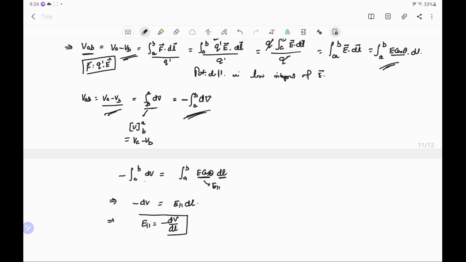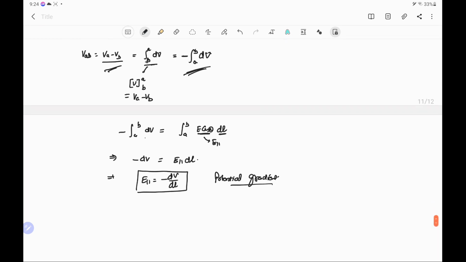This is the potential gradient. dV by dl is the potential gradient. So this is the relation between the electric field and potential, that the electric field is the negative of the potential gradient. That means the change in potential with length.